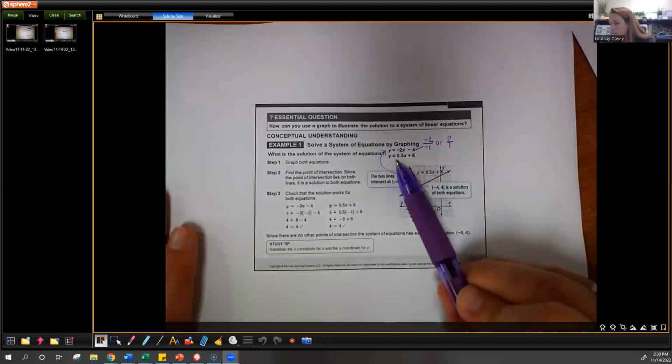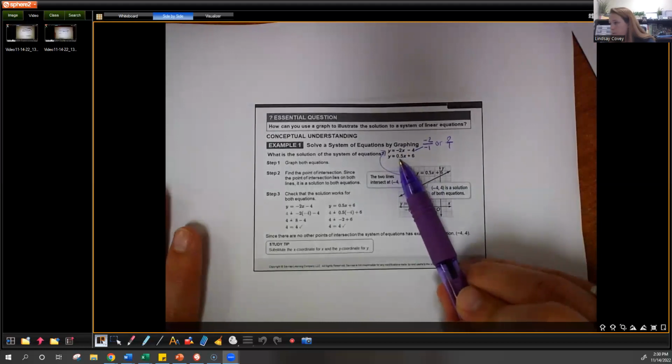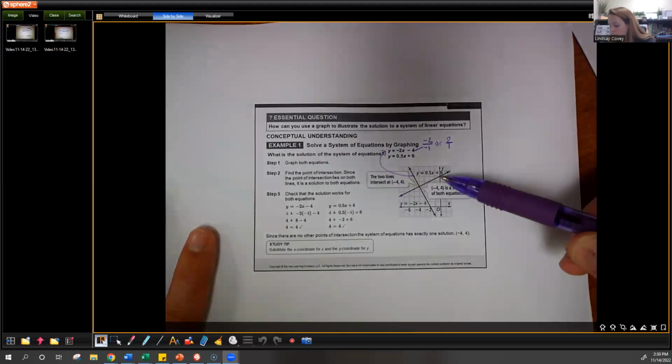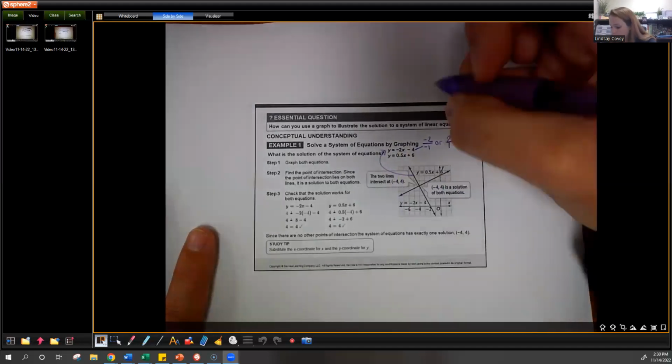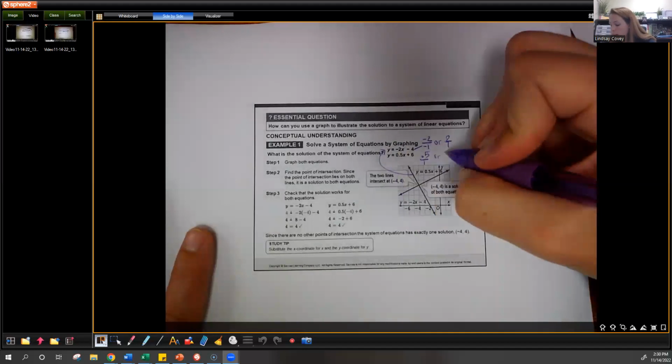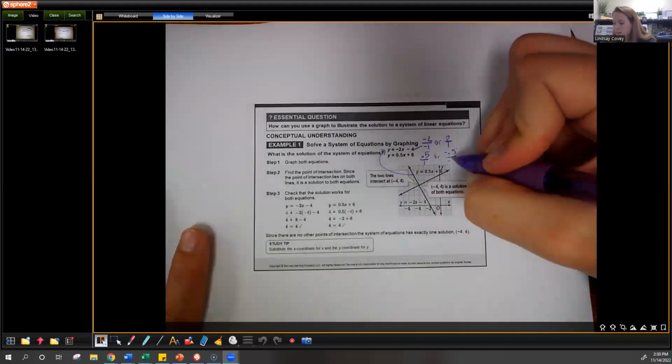And then for this equation right here, y equals negative 5/10 x plus 6, they would go over here to 6. That is your b, your y-intercept. And then our slope is negative 5/10 over 1, or 5/10 over negative 1.